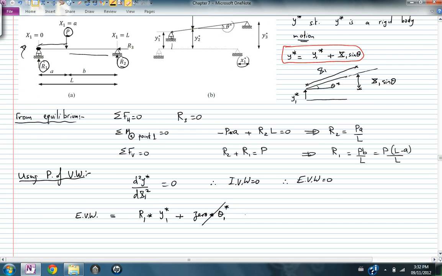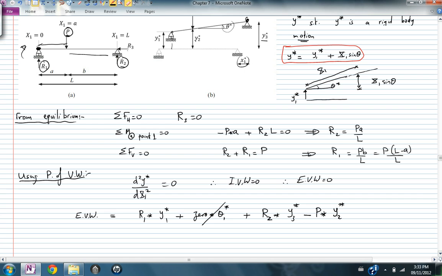So this goes, plus the reaction R2, multiplied by the displacement y3 star, which is the displacement at this point, plus, actually minus, the force P, multiplied by the corresponding displacement. I'm going to call it y2 star.